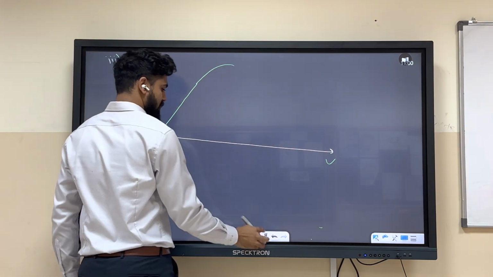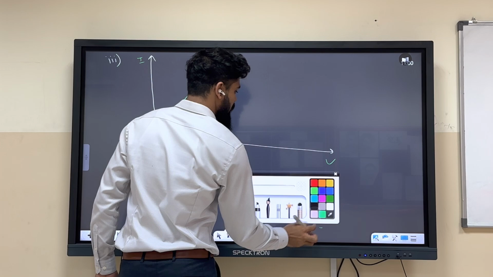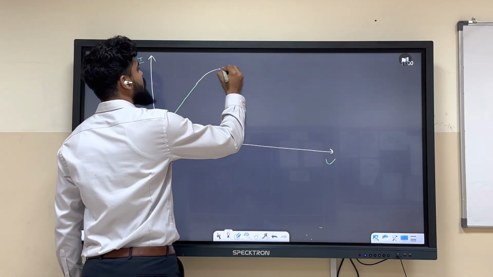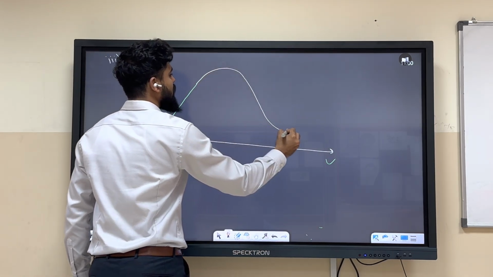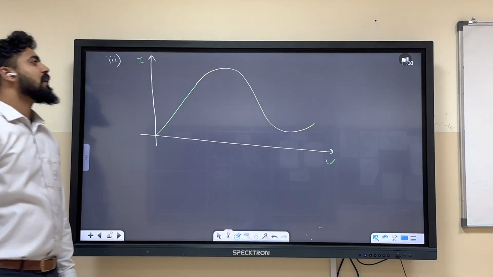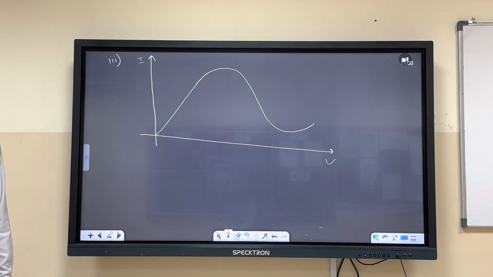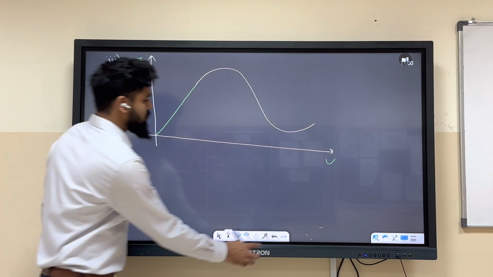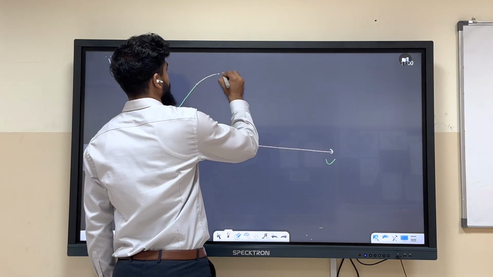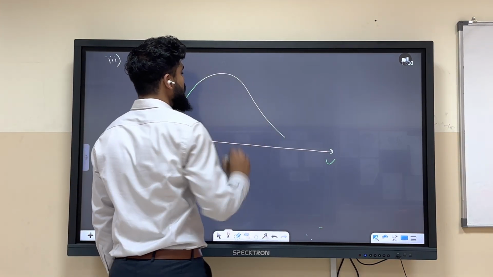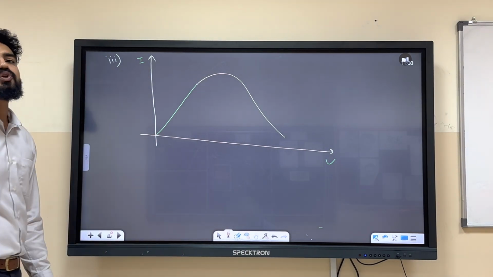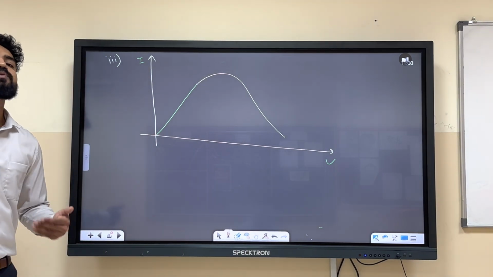After that, it's not even following it. After some time, it is not even following the Ohm's law.